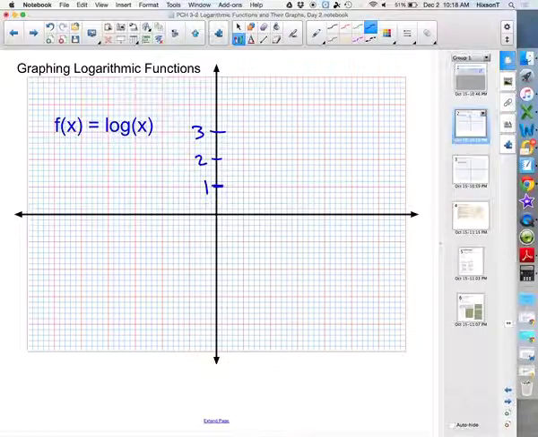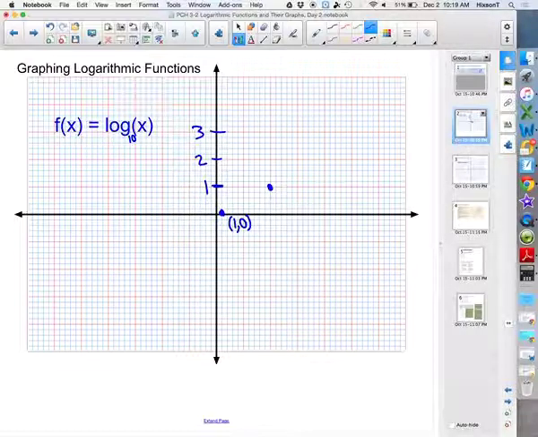Okay? We know we're going to have the point 1, 0, because every logarithm has the point 1, 0. What's a second point? 10, 1. Okay? The base here, remember, is 10. So we have the point 10, 1.